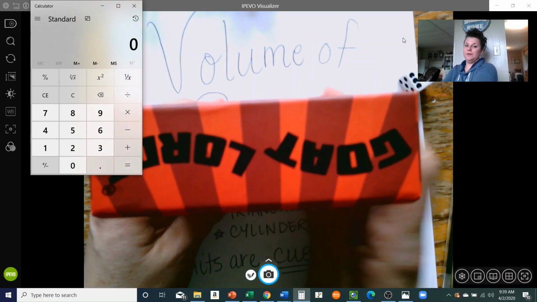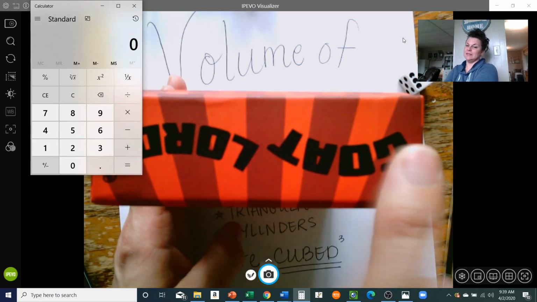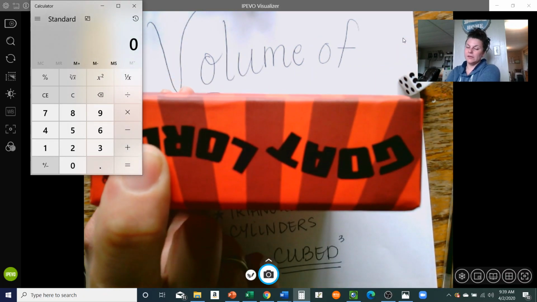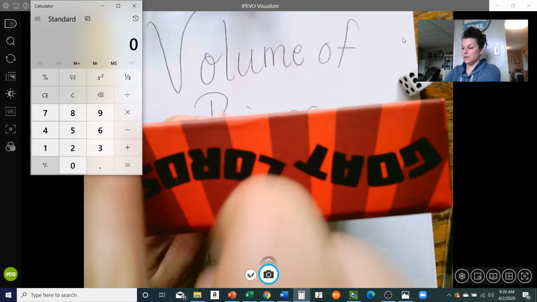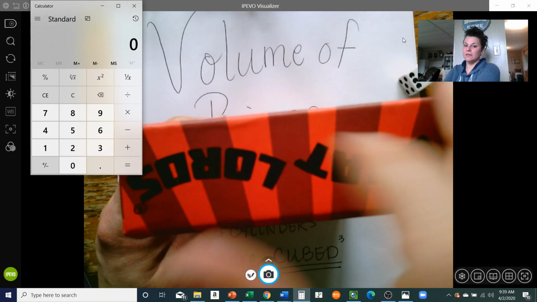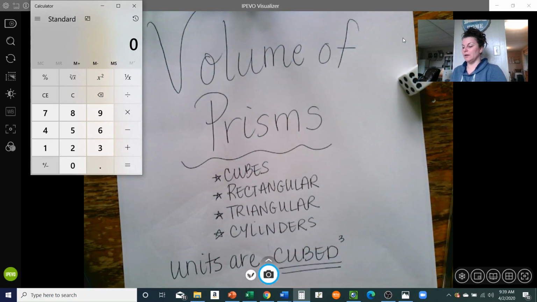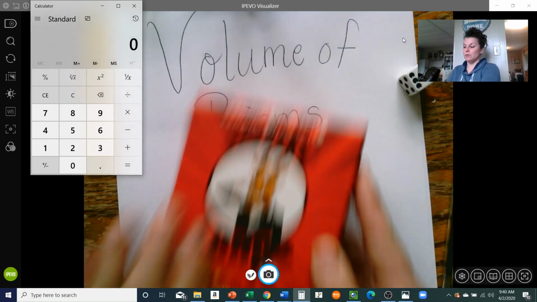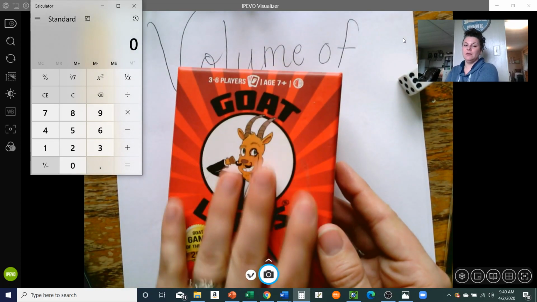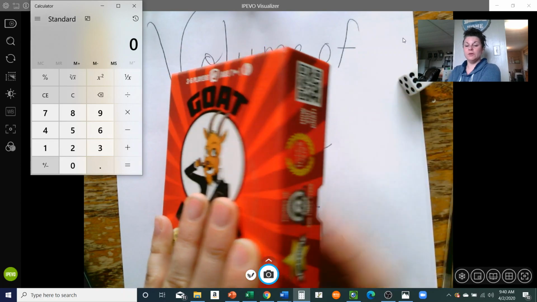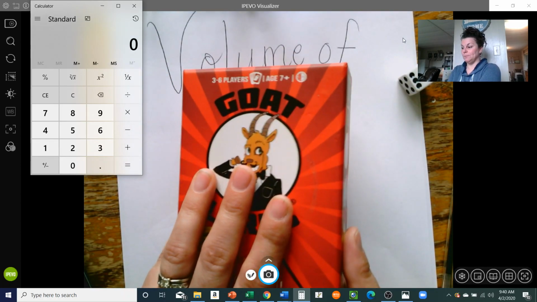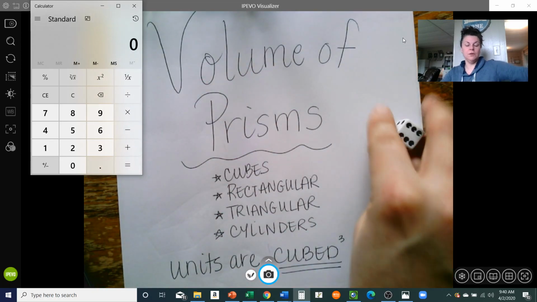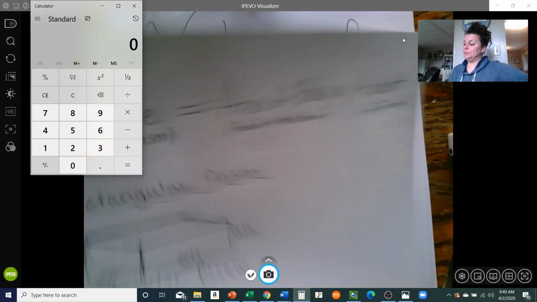Or I could have these two be the bases and this is the height. That's why with a rectangular prism, it's easier just to multiply the three amounts, the length, the width and the height, rather than doing the other. But it's the same thing. If you know the area of the base and you know the height, then you can find the volume of any prism figure. Okay, so let's do some examples.